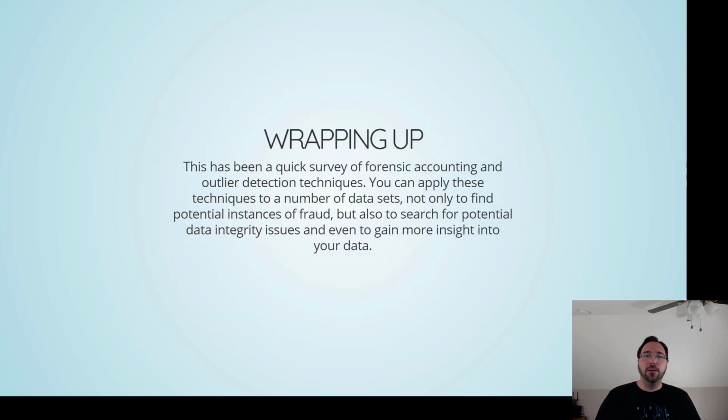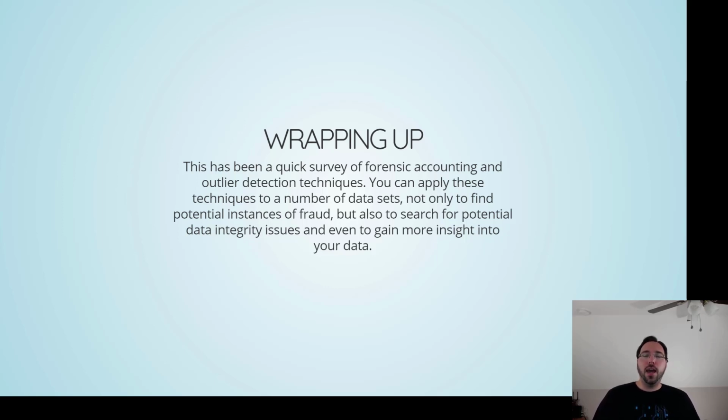So wrapping up, we've covered a few techniques that forensic accountants use. We've looked at this outlier detection analysis. We've looked at techniques, for example, cohort analysis, time series analysis. We've looked at specific numeric values, first digit, last digit, trailing zeros.